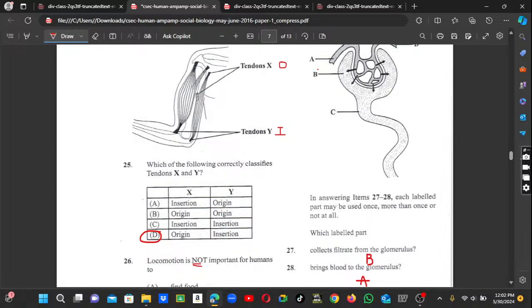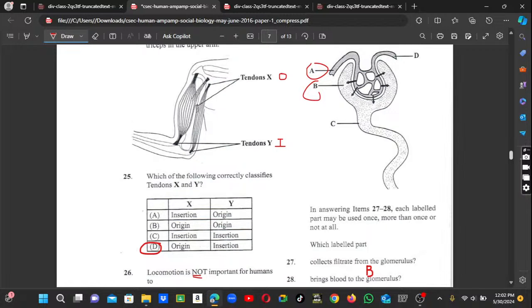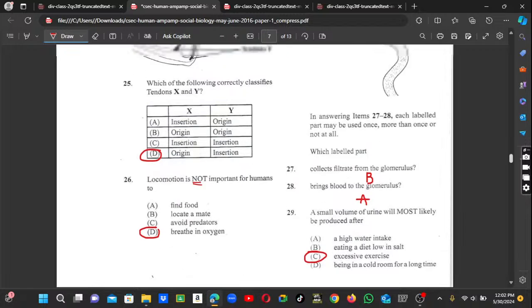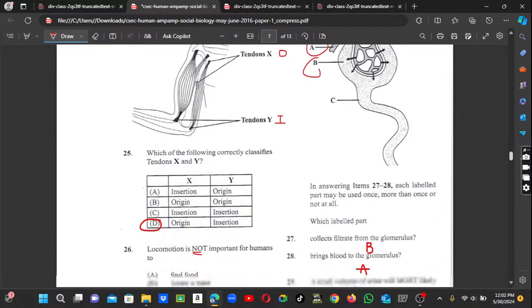So anything to do with the collection of the filtrate from the glomerulus, we're talking about B here, right? So it says bring blood to the glomerulus. So anything that brings blood to the glomerulus, we're talking about A. So this would be the labeled diagram here, right? Good. So it's B and A, guys. Just look at the diagram well, alright?